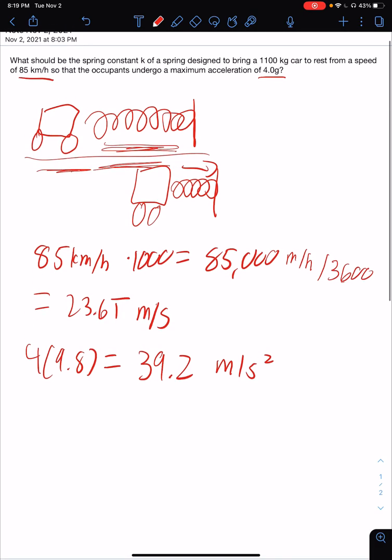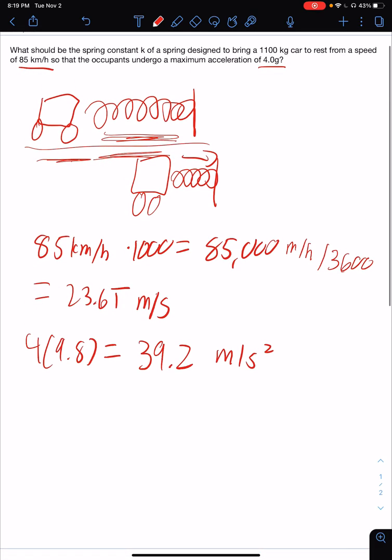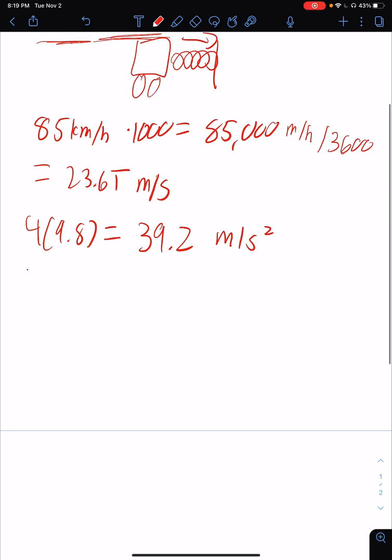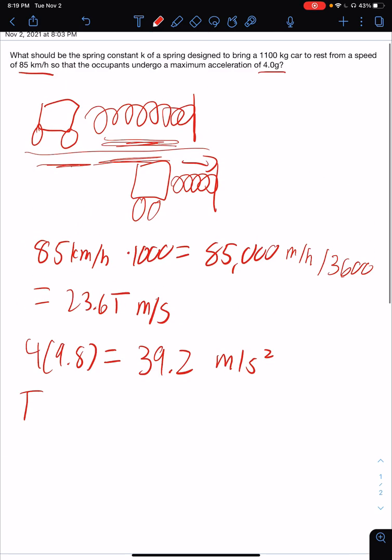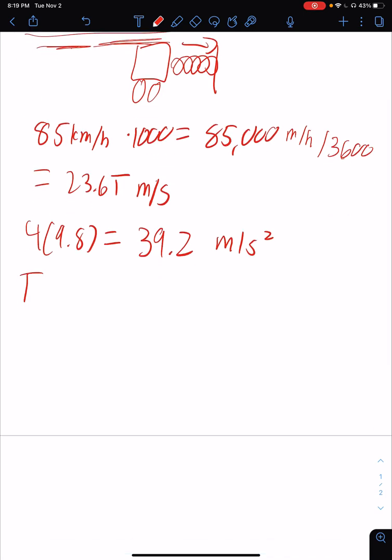All right, now let's get to our derivation. There's no friction mentioned in this problem at all, so we're just going to completely ignore friction unless it states otherwise. So total energy in is going to equal total energy out.